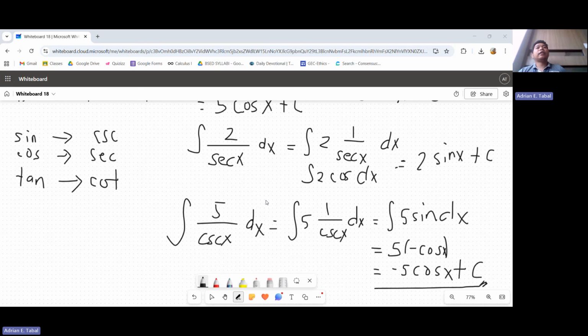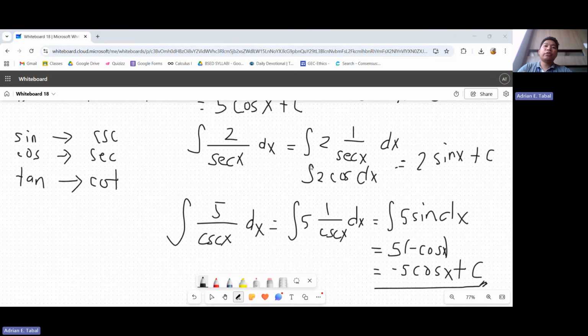Last meeting, I also talked about how some functions, either exponential, trigonometric, or logarithmic, cannot be answered directly using the power rule.